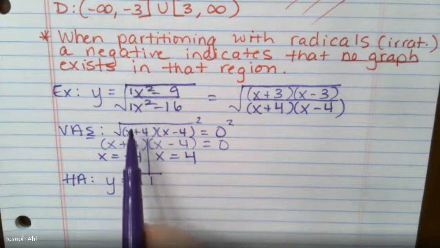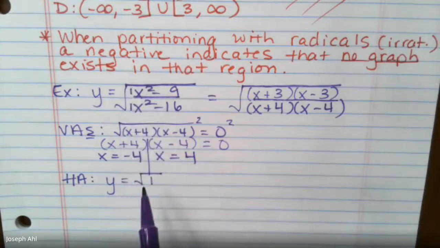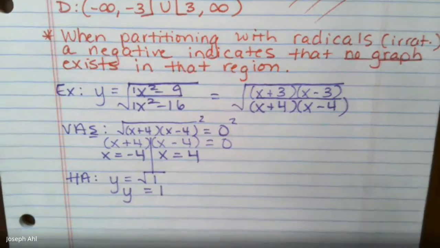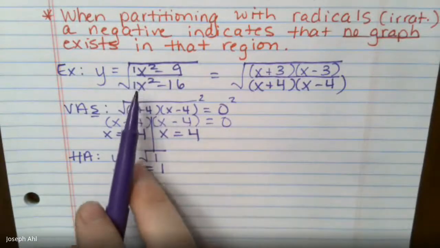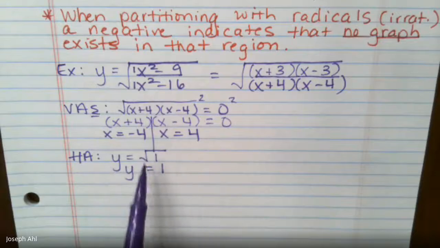So we still divide the lead coefficients. 1 over 1 is 1. But it happens to be the square root of 1, which in this instance is still y equals 1. But for example, if it was 9x squared on the top, 9 over 1 would have been 9. The square root of 9 would have been 3 for the horizontal asymptote. So we'll just make sure we pay attention to that, because that will make a big difference in terms of our sketches.